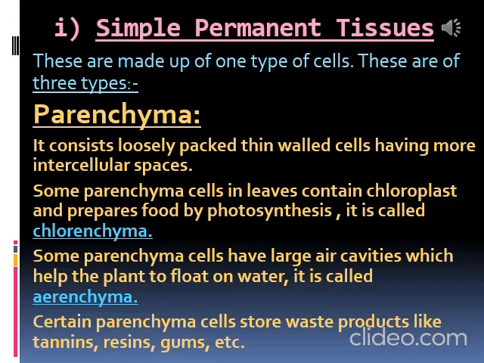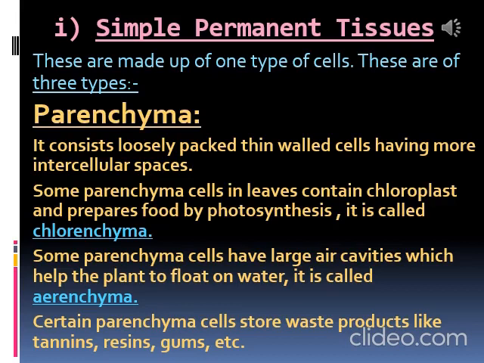Now some parenchyma cells in leaves contain chloroplast and prepare food by photosynthesis. Then it is called chlorenchyma. If the cells are filled with chloroplast or chlorophyll, we call it chlorenchyma.